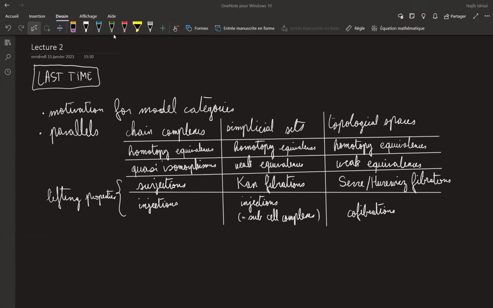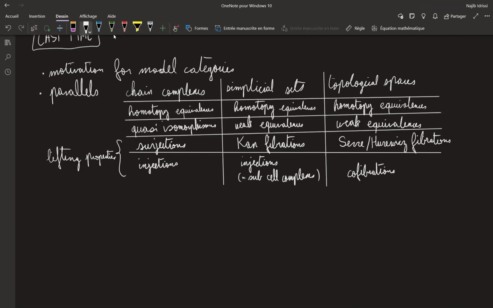So I'm going to write again the definition of model categories. So beforehand, I'm going to just make a few definitions, because there were some questions about it in the Slack or the Discord. So first of all, convention, because this will matter at some point in the course. For now, we can more or less ignore this thing, but all of our categories are locally small.